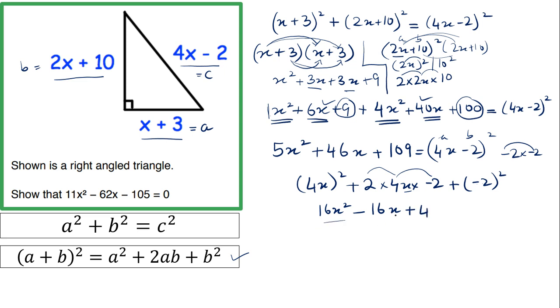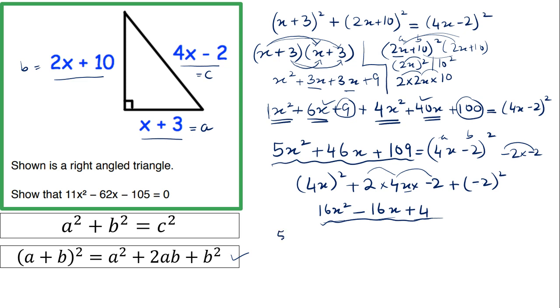So now I have 16x squared minus 16x plus 4. This is what I got after I did 4x minus 2 whole squared. Now the left hand side is this and the right hand side is this. So let me just put them together.